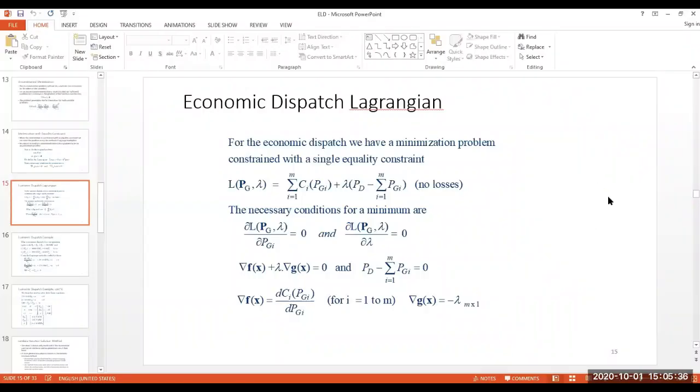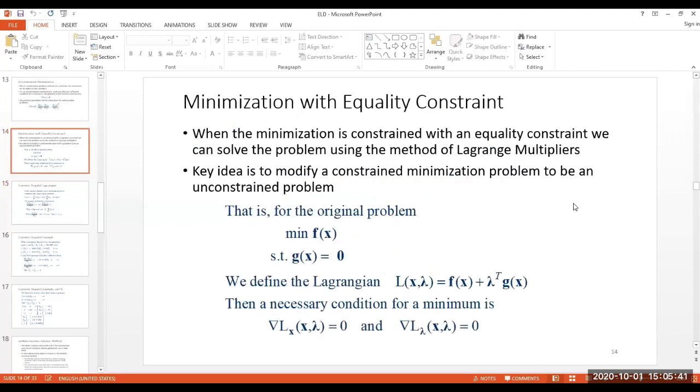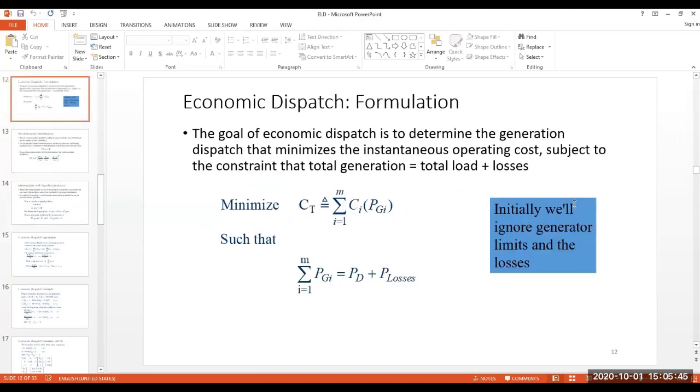Dispatch. Okay, so now let's continue with the ELD issue. What was the problem in the ELD? Let me reiterate that problem. Our problem was basically to minimize the cost, and we had to satisfy an equality constraint between generation and demand.